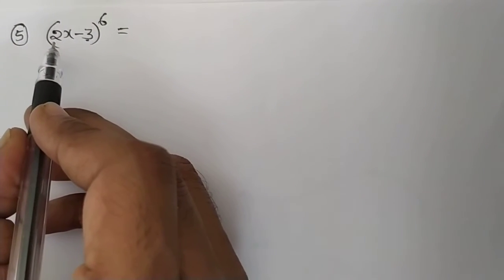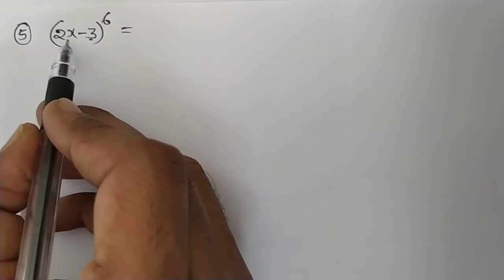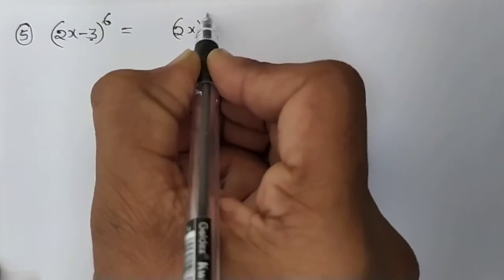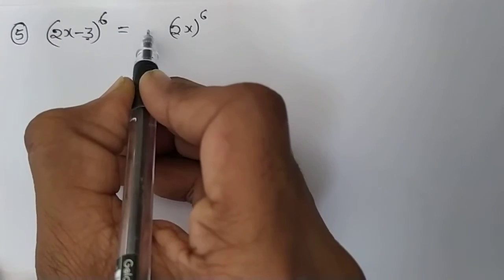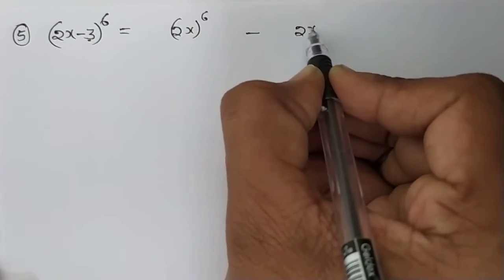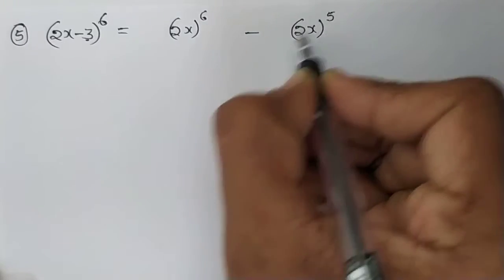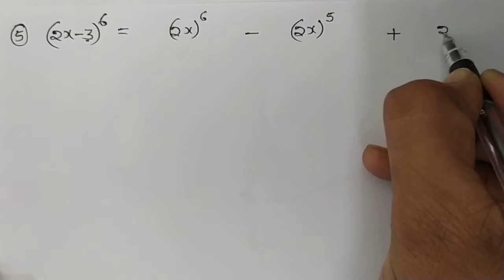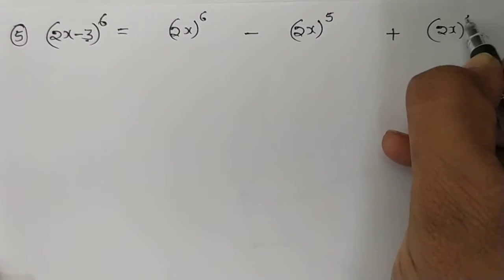We know that the quantity of the first term is decreases, so 2x whole power 6 plus then minus 2x whole power 5 minus then plus 2x whole power 4, right, plus then minus.